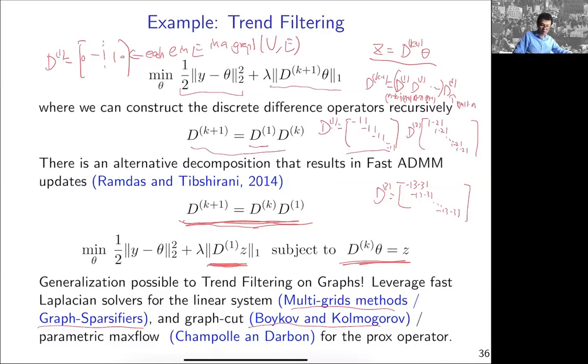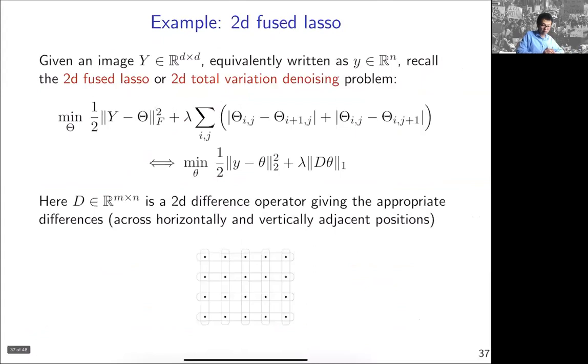Since these methods are used for computer vision applications, a lot of them have extremely efficient C implementations out there. Okay, I'll be very brief on the next example.